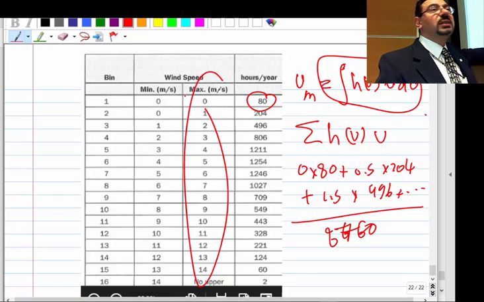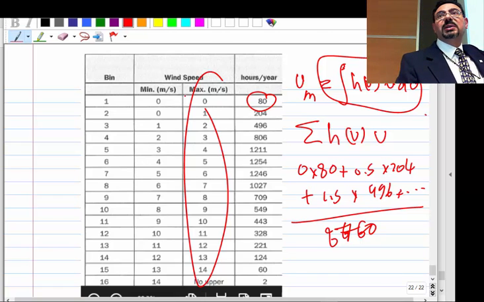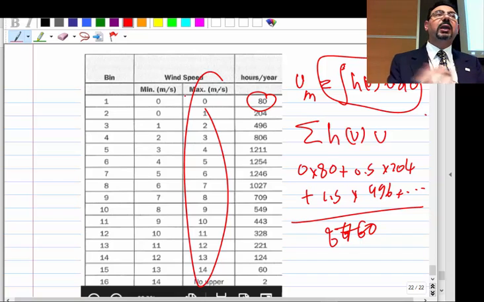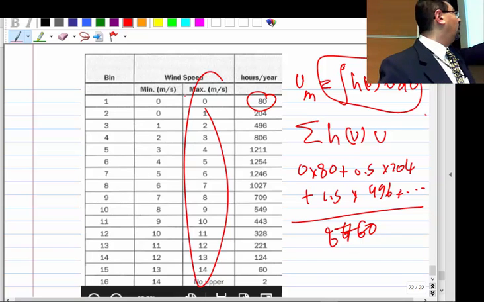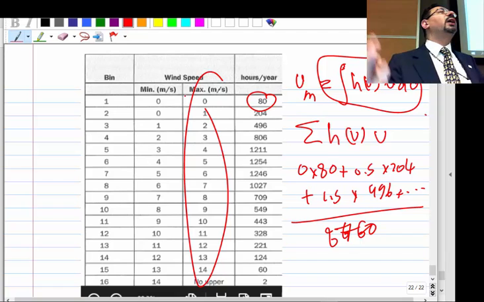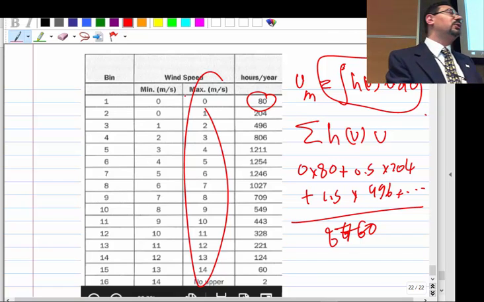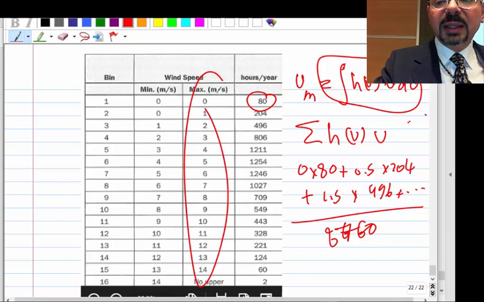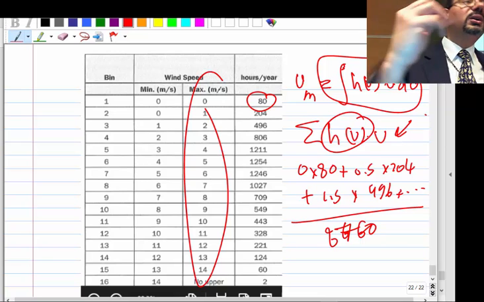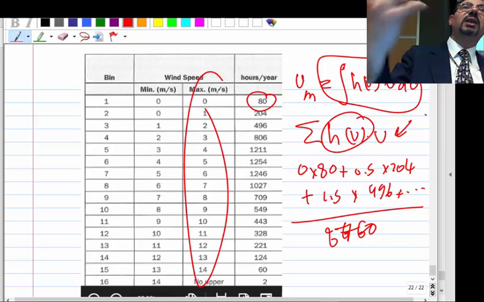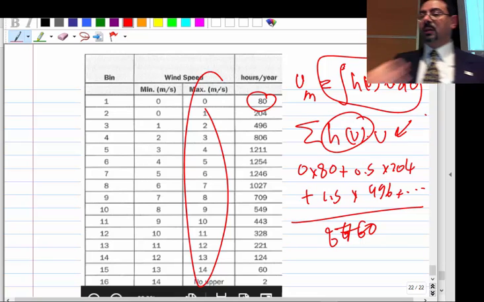Yeah, because he's assuming every one of them has the same weight as the rest. But if you have one velocity that is there for 8,000 hours out of the 8,760, that's probably the average velocity, if it's always there, right? So by multiplying the velocity times the number of hours, or the probability of having that velocity, you are giving more weight to those. Okay?